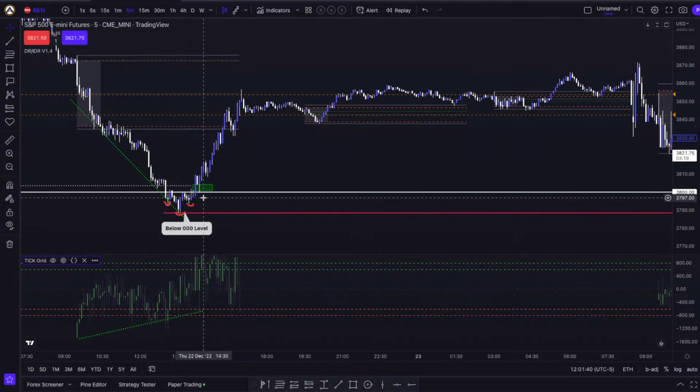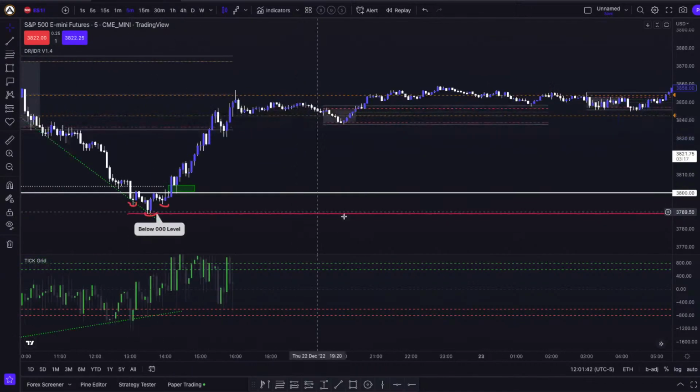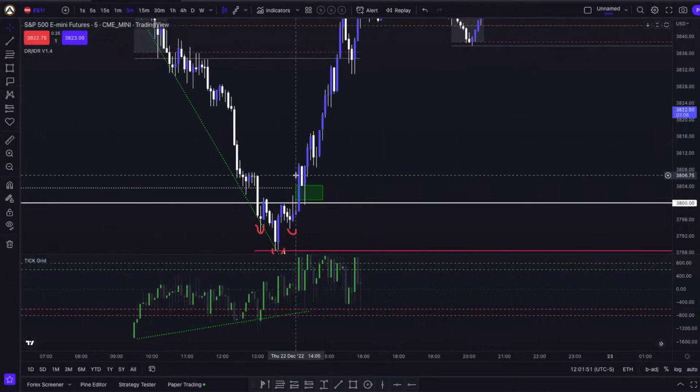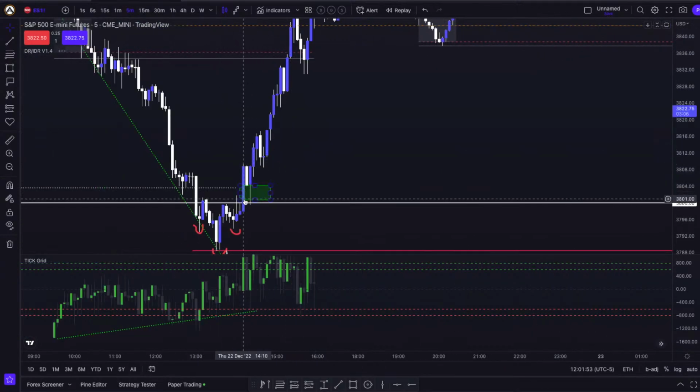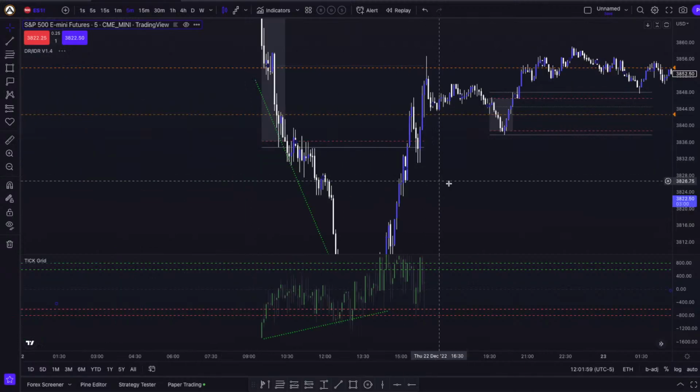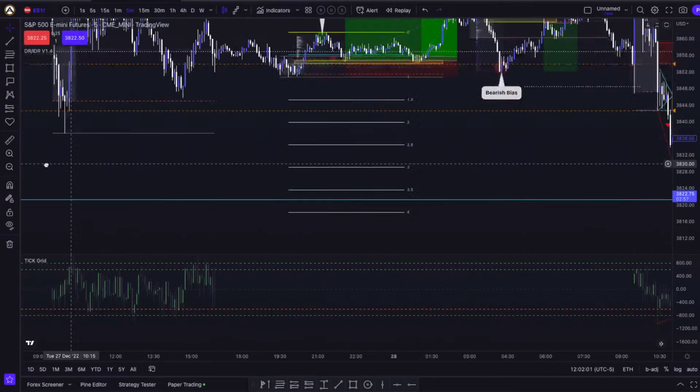We found this inverted head and shoulders pattern. With a momentum shifting candle, we closed above our 3,800 level again. We pulled back into this fair value gap that had been left behind, retesting the 3,800 level for an explosive move back inside of the IDR range.